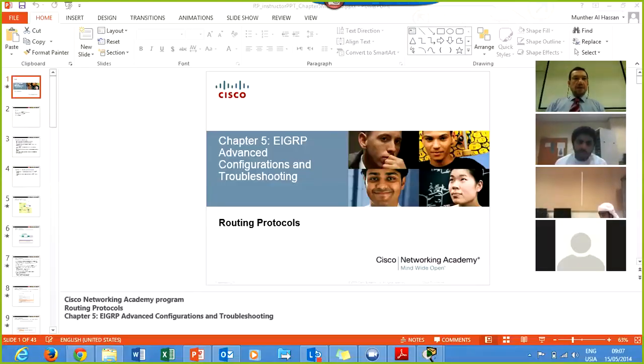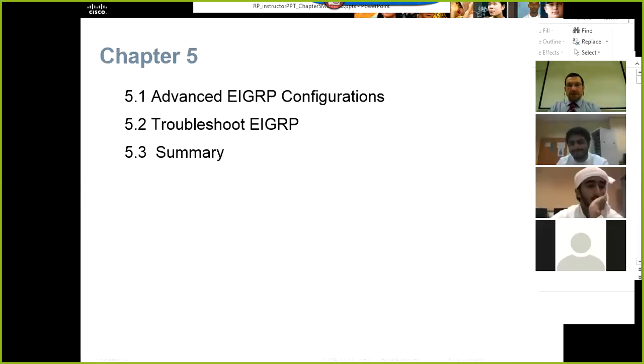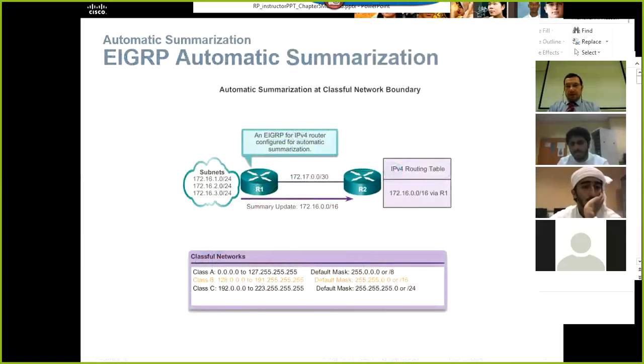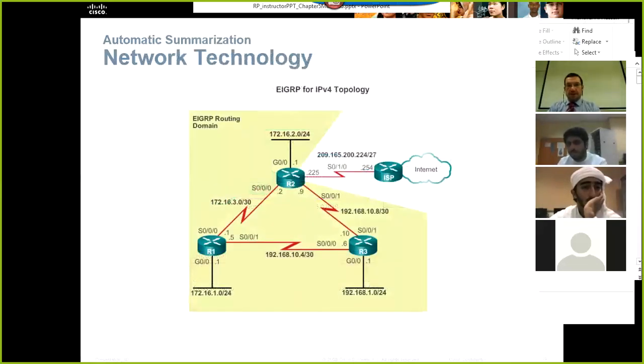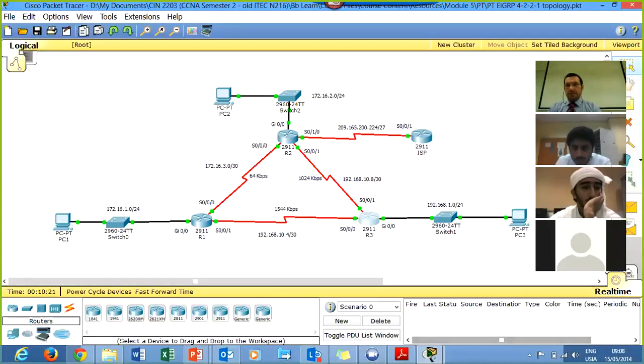Right, gentlemen, we'll continue now with a couple of concepts remaining on especially summarization in chapter 5, which is required for your exams, for your projects, etc. Right, so this is just a reminder, this is the network topology that we have, which is also shown here.